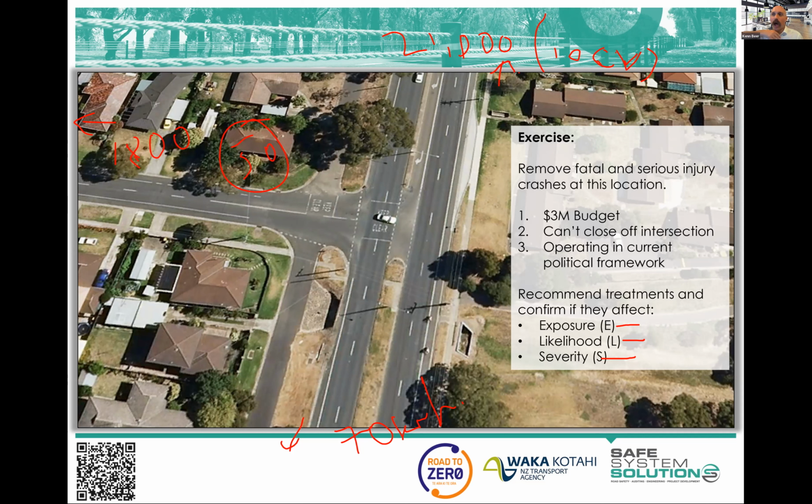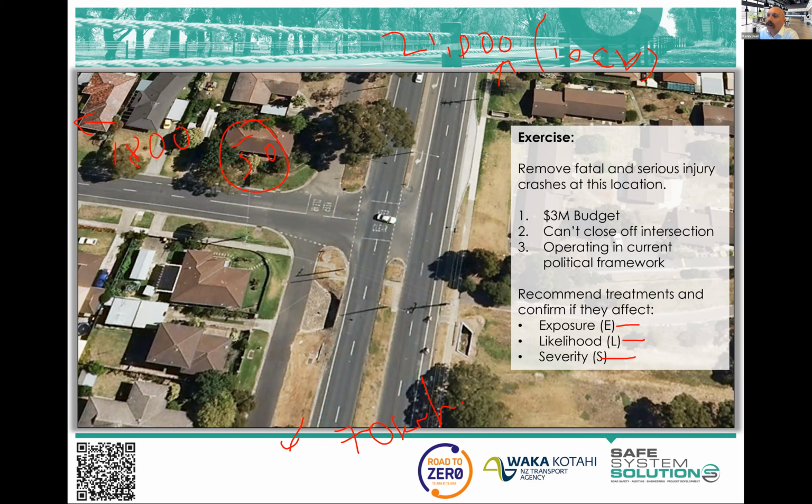Otherwise, I'm going to give you a bit of time to have a think and write what you would like to do into the chat with exposure, likelihood, or severity. I'm seeing some stuff come in now. I'll monitor this, and any that come in with a question for price, I'll answer.